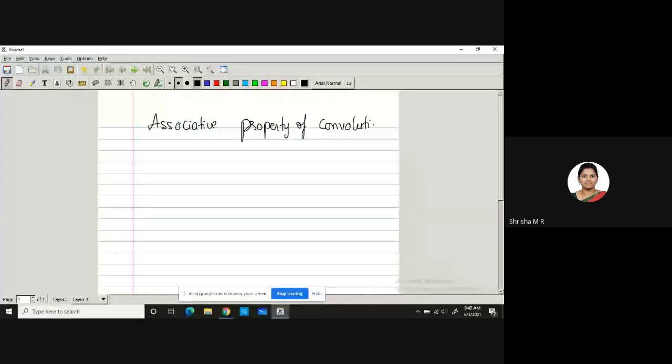So it states that if x of n convolved with h1 of n convolved with h2 of n is same as x of n convolved with h1 of n convolved with h2 of n, if this bracket is replaced here. Okay. So first I'm putting the bracket to the first two terms. x of n convolved with h1 of n convolved with h2 of n is equal to x of n convolved with h1 of n convolved to h2 of n, if I put the bracket to the next two terms. So this is the associative property of convolution.